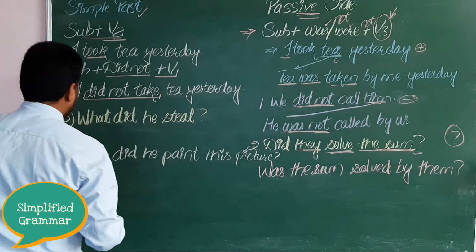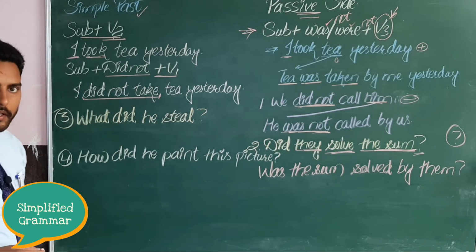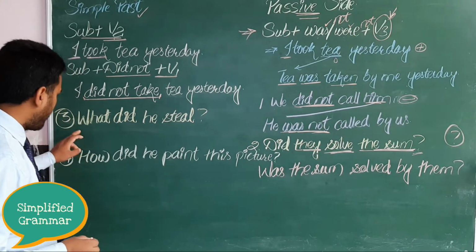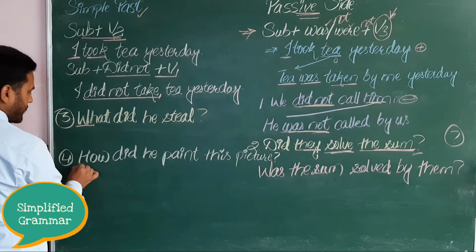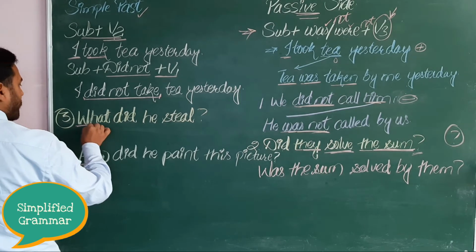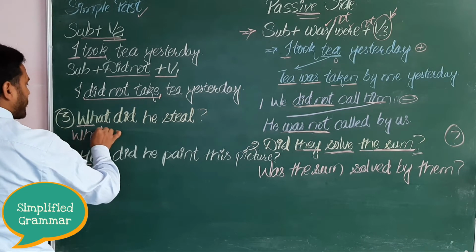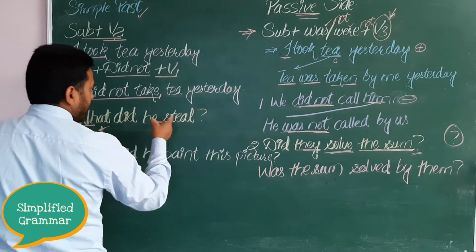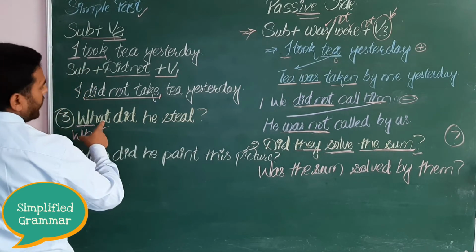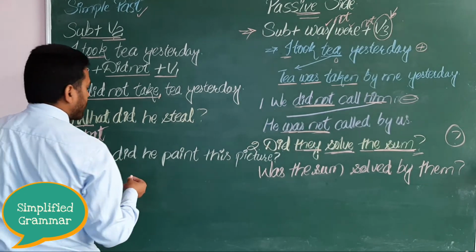Now next example I have written here. So already I taught you, when you come across with the WH words in the beginning of the sentence, you have to put the WH word as it is. So this, what did he steal? Steal means चोरी किया, उसने क्या चोरी किया?